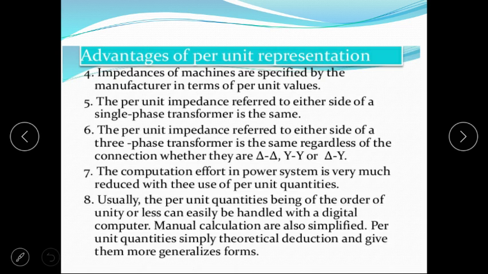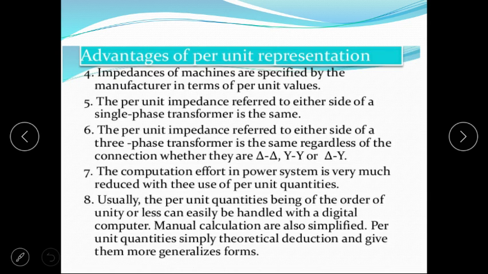It means per unit impedance towards HV side is equal to per unit impedance towards LV side. Next is, the per unit impedance referred to either side of a three-phase transformer is the same regardless of the connections, whether they are delta-delta connected or star-star connected or delta-star connected.